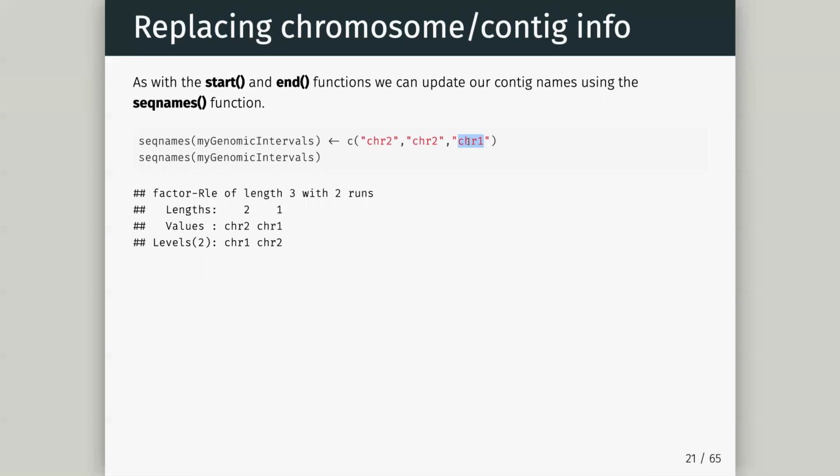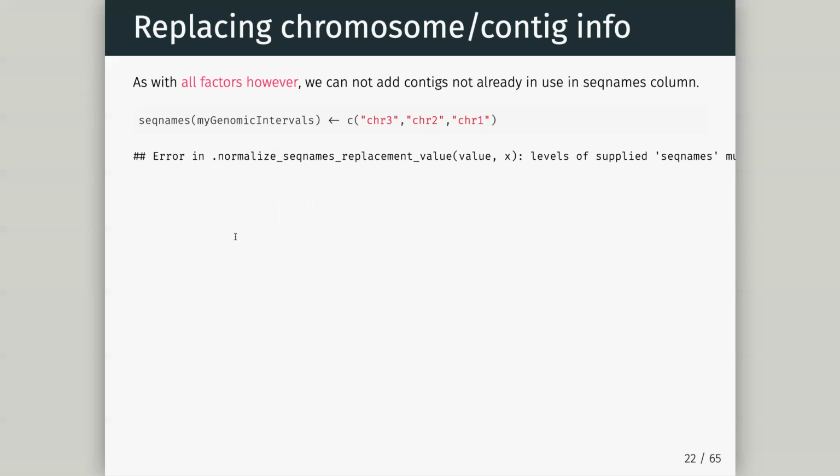Already we can see that there is going to be a slight complication here. If we just look at the name of this object, it is called a factor RLE, and it has levels. So if you remember with factors and levels, if we want to replace in a factor and we want to add something which is not in the levels, we're going to have issues. It's going to give us an NA. It's going to say this doesn't exist in our factor.